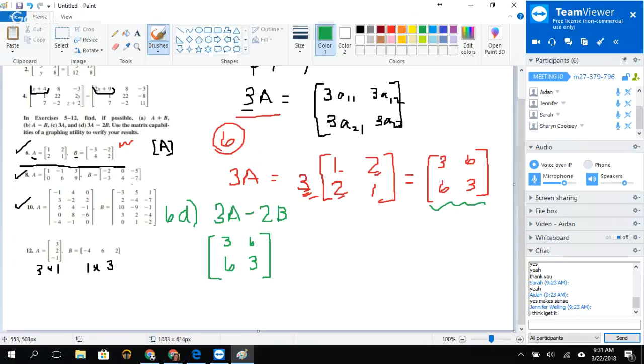We could either multiply by a scalar of positive 2 and then subtract the two matrices, or you could apply the negative to the 2, multiply by a scalar of negative 2, and then add the matrices together. So it doesn't actually matter either way which we choose.